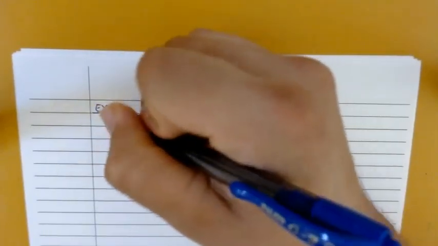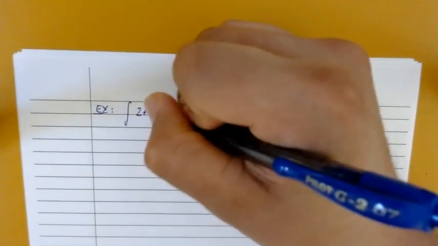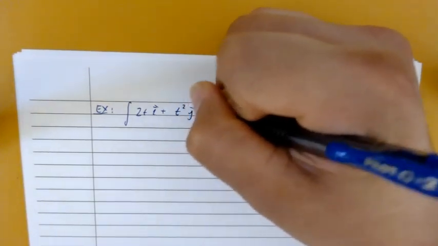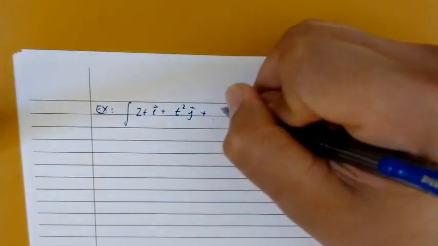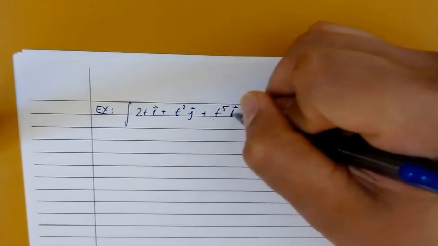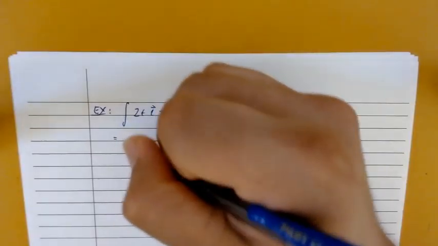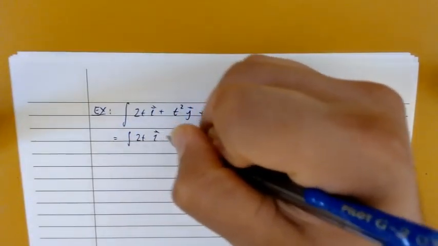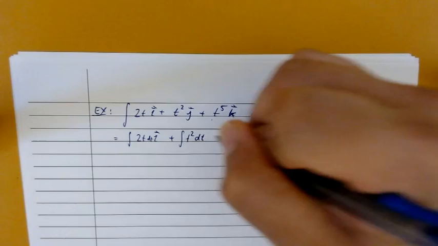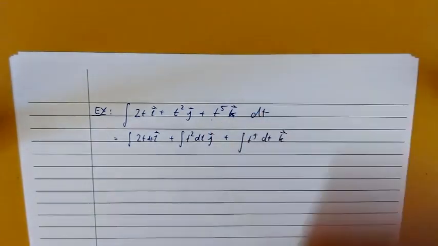For example, let's say I have the integral of 2t i plus t squared j plus t to the fifth k dt. Well, that would simply be the integral of 2t i with respect to t plus the integral of t squared dt j plus the integral of t to the fifth dt k.